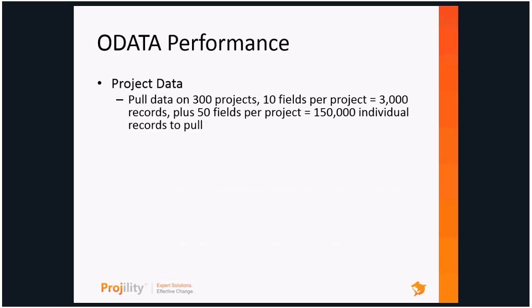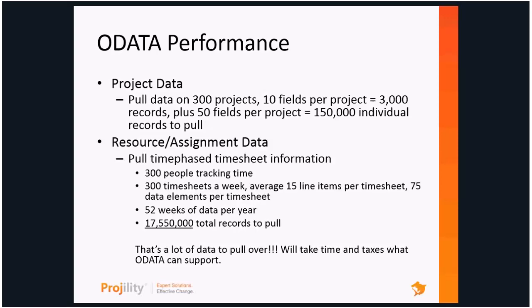So let's say we've got 150,000 records. But the bigger challenge comes in if we start looking at resource information. Resource and what we call assignment data is where we're pulling a time-phased snapshot of timesheet information. That's every day and every hour that's been logged for a resource over a period of time. So we now go from 150,000 records to, let's take a look at these numbers, 300 people tracking time, which is a reasonable middle-sized deployment. 300 timesheets are being submitted a week.